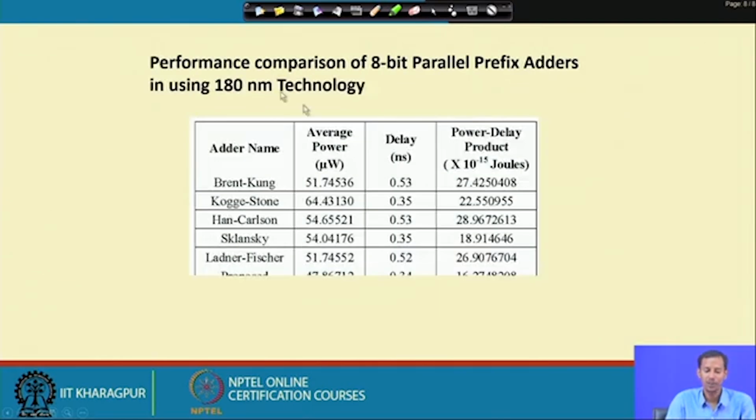Then if we take the power and delay consumption of these five adder architectures, you see that this Sklansky adder gives you the lowest power delay product when we are developing an 8 bit parallel prefix adder using 180 nanometer technology.